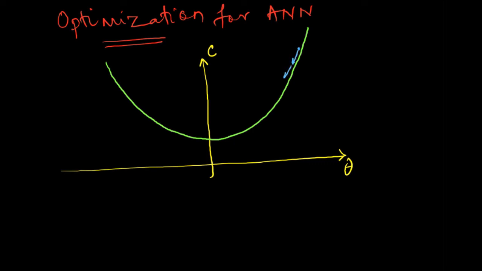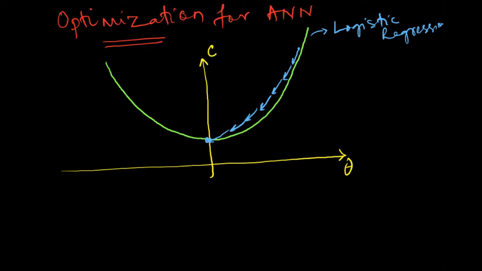So now you move here, you move here, you move here, you move here, and slowly you converge to this final point which represents the minima. And now this is fine for the case of logistic regression.